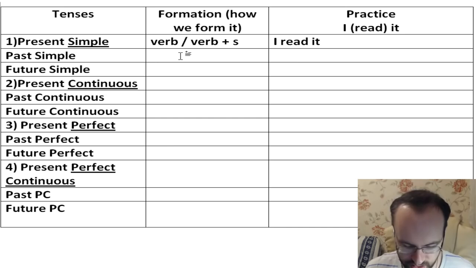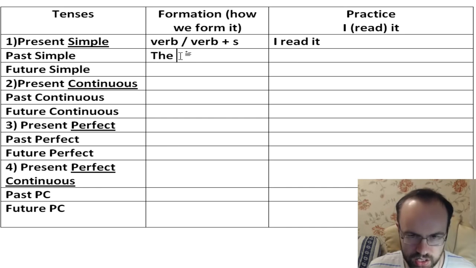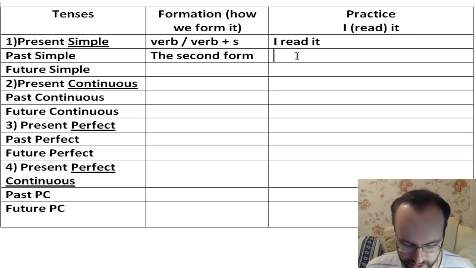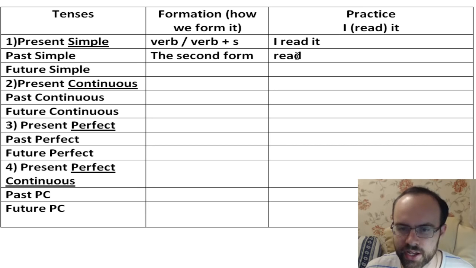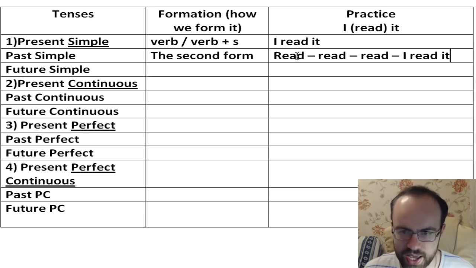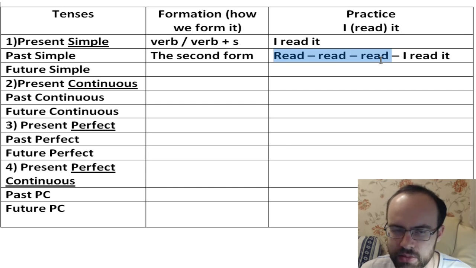For past simple, you need to choose the second form, okay? You know that this verb is irregular. We say read, read, and so you say I read it. As you see, the spelling is the same, but the pronunciation is different. The spelling is the same, read, but we pronounce it differently.